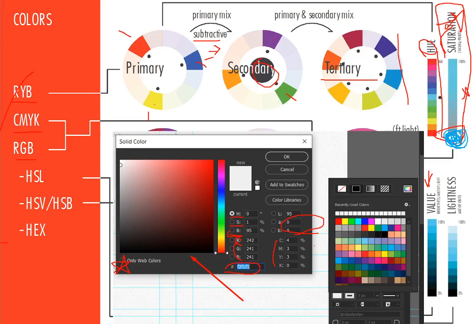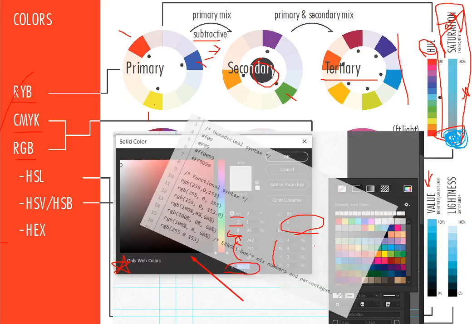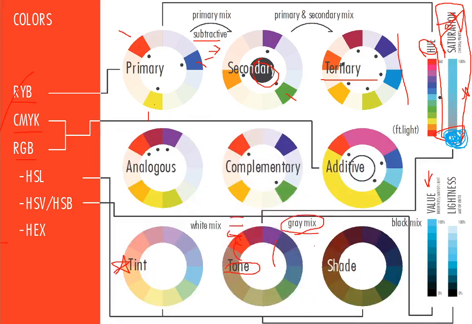It is the additive color. Okay, it is the additive colors of the primary colors, not the subtractive colors. If you add red and blue, you get purple. Additive here. RGB. This one.